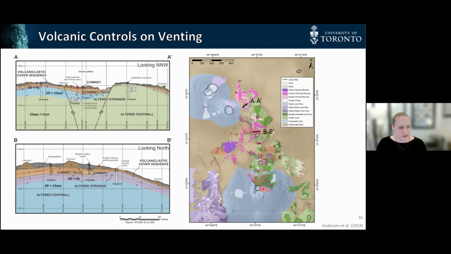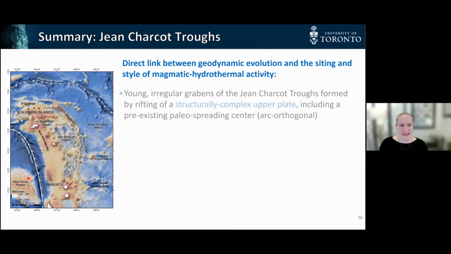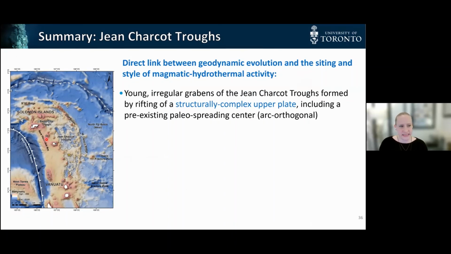And this style of volcanism is exactly what we see in extensional terrains. So again, there's a direct link between the geodynamic evolution and the siting and style of hydrothermal activity. These young irregular grabens are formed by rifting a structurally complex upper plate, including a pre-existing paleo spreading center.